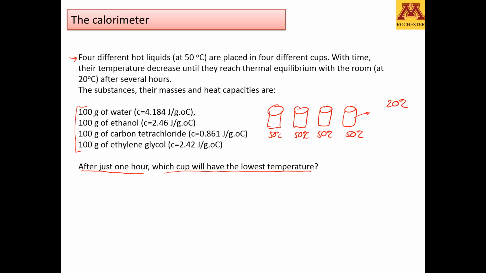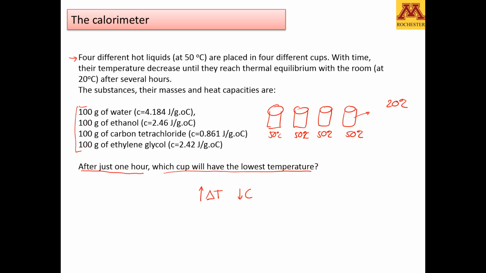And the important part, because all the masses are the same, is something that we said: the largest change in temperature will be because of the smallest heat capacity. If you remember from the previous slide, because the system and the mass are the same, the body that will lose temperature faster will be the one that has the lowest heat capacity.